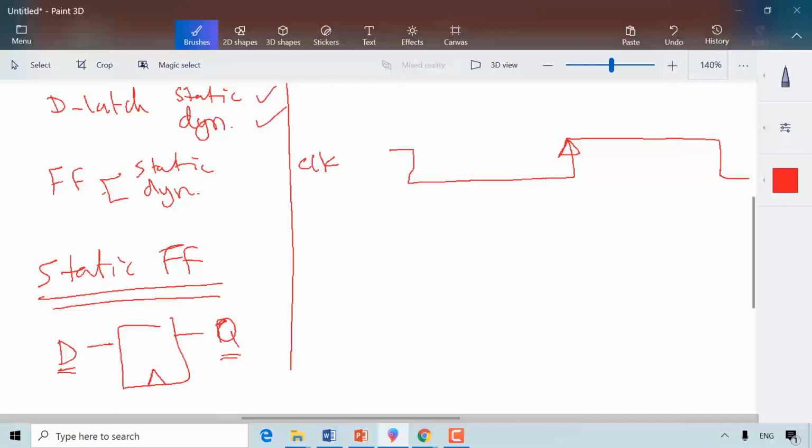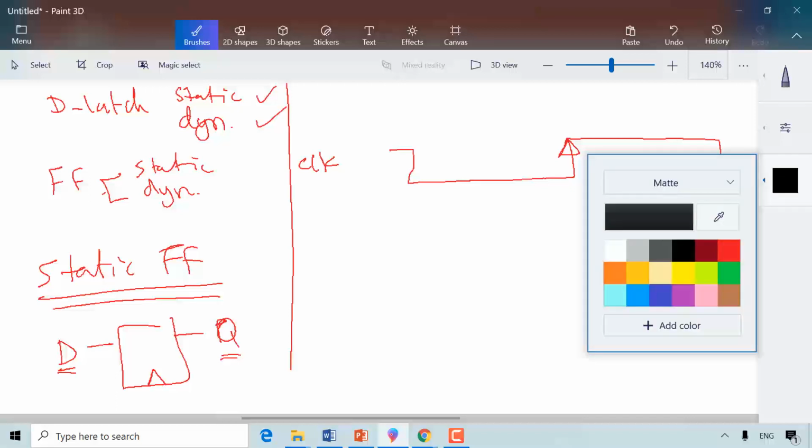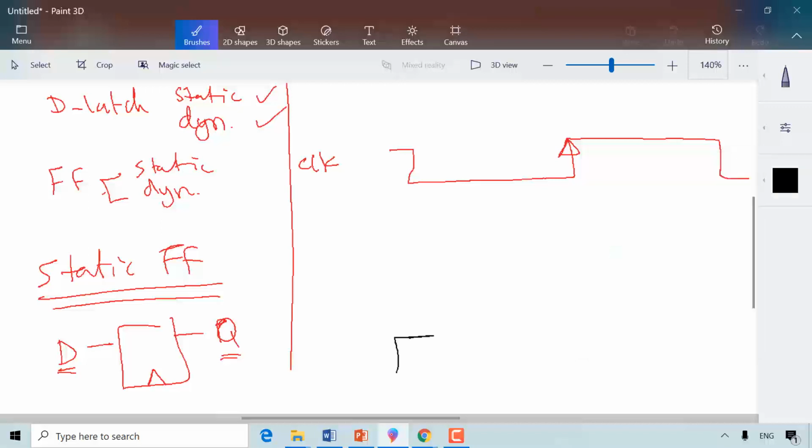So what happened? I end up using two latches to design this. We'll call the first one the master latch, and the second one the slave latch. How are they organized when the clock is low and when the clock is high?